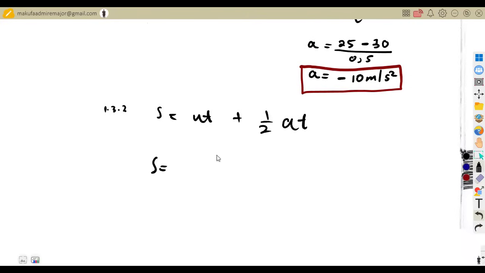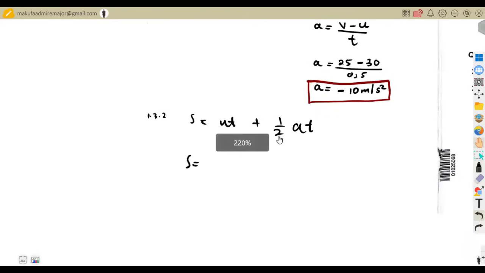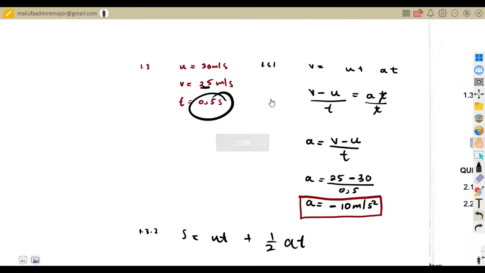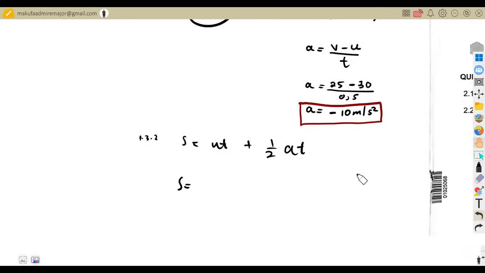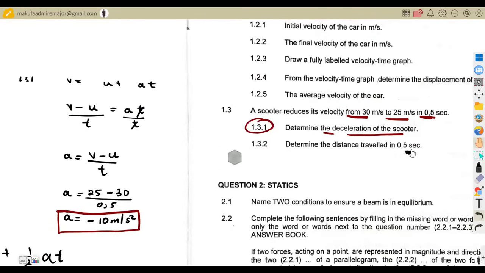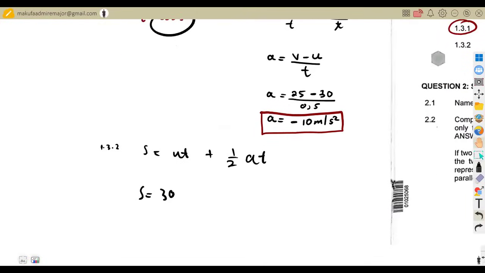So that's s is equal to ut. That is the u, the initial velocity here, which is what? 30 meters per second. So that's u, 30, times the time. Remember, they said in 0.5 seconds. That is when we got this acceleration, the time is still the same, 0.5. So that's 0.5 plus half of the acceleration at that moment, that is -10, times the time.